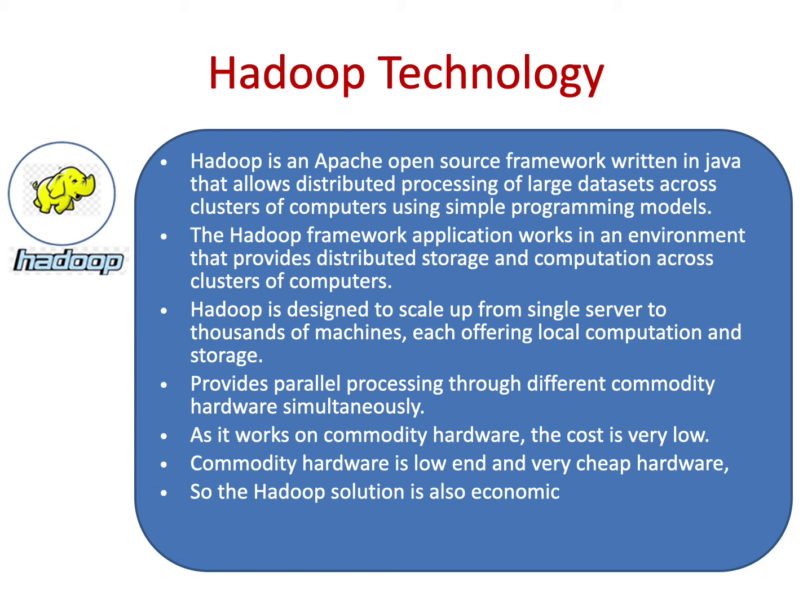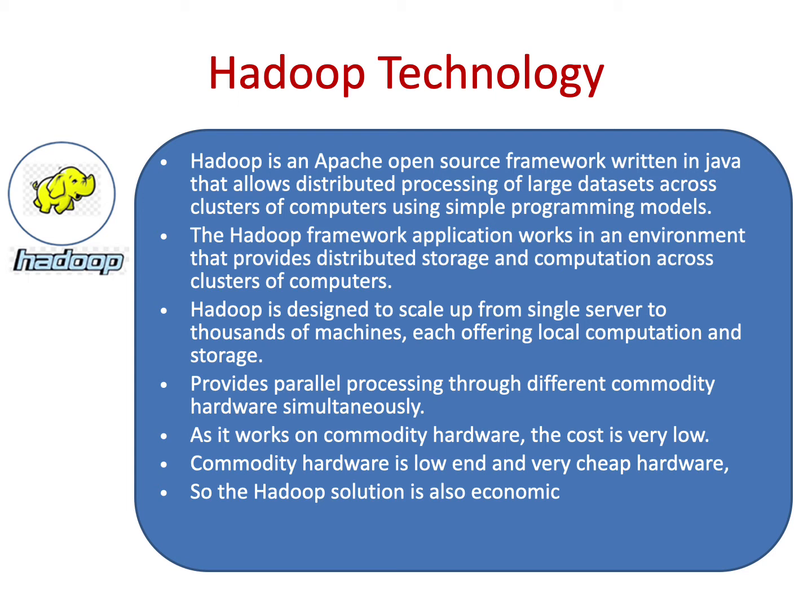The Hadoop framework application works in an environment that provides distributed storage and computation across clusters of computers. It is designed to scale up from a single server to thousands of machines, each offering local computation and storage.